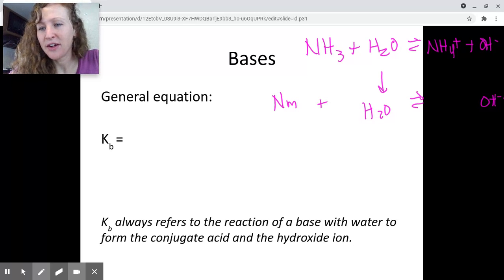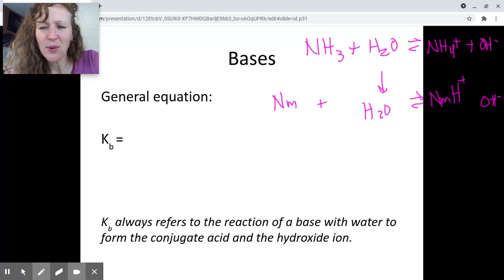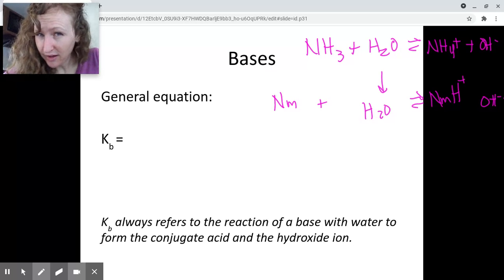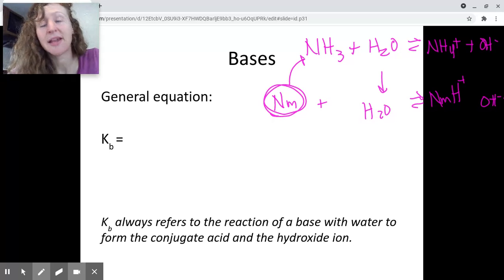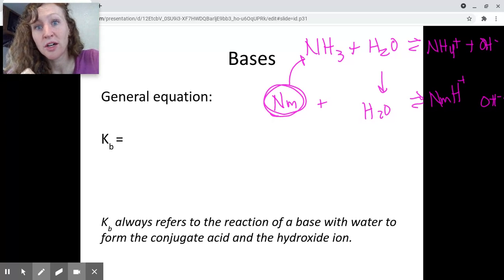If that's our variable, then on this side, you're going to have that with a hydrogen attached and probably a charge. So again, the general equation is probably not as straightforward because this can be any molecule that can act like a base, that can battle that water for a hydrogen, right?